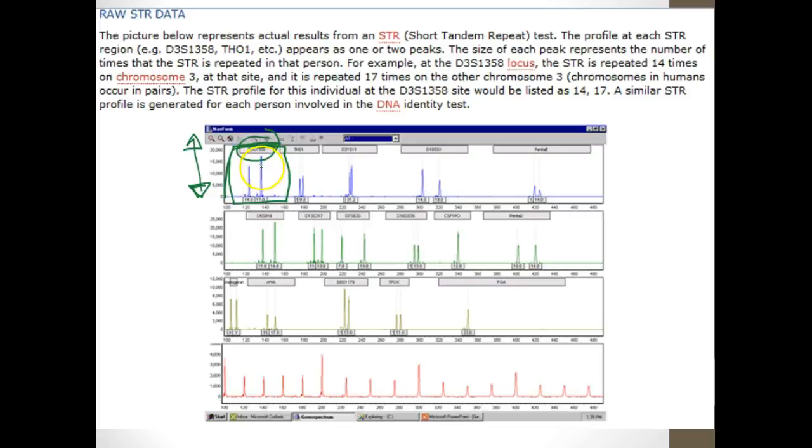And since there's 2 peaks, this person is heterozygous. That means one of their genes from one parent did not have quite as many stutters as their other parent, so it's not going to come through at the same time.